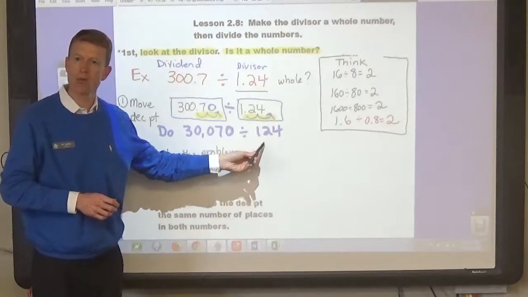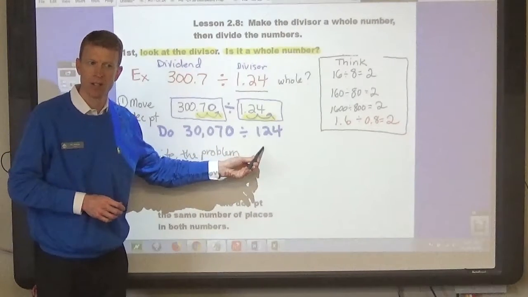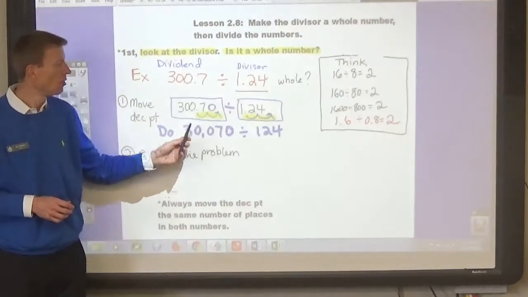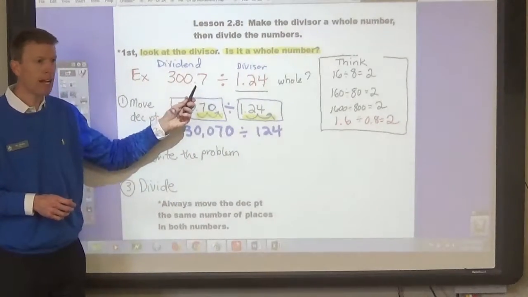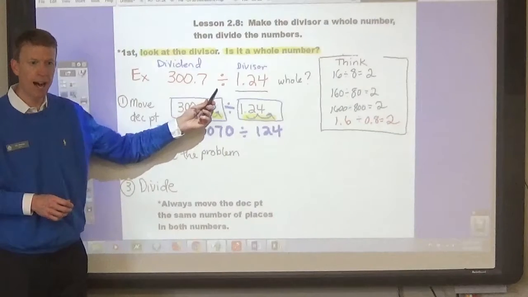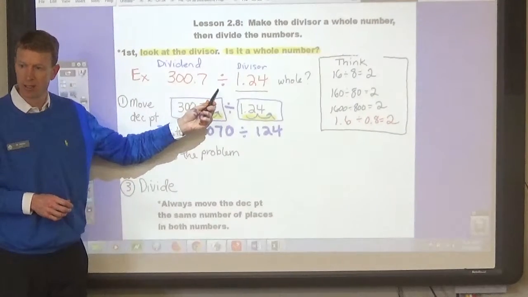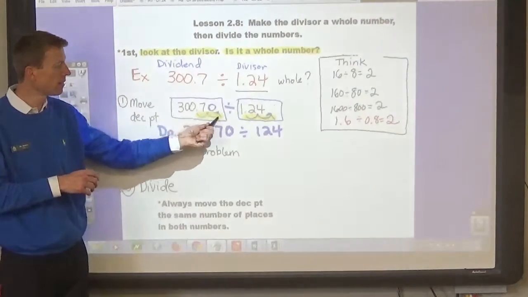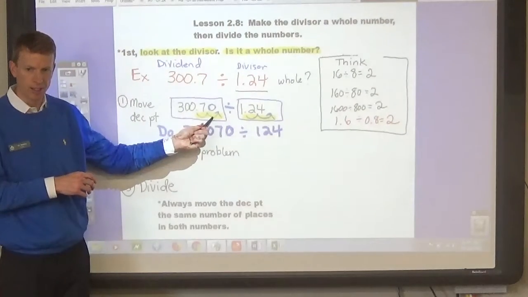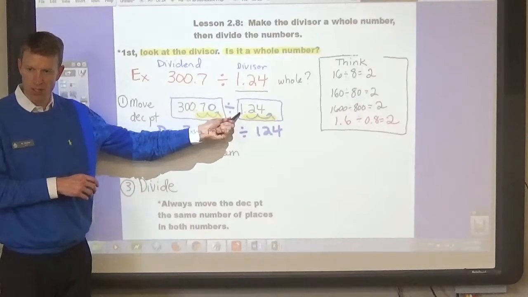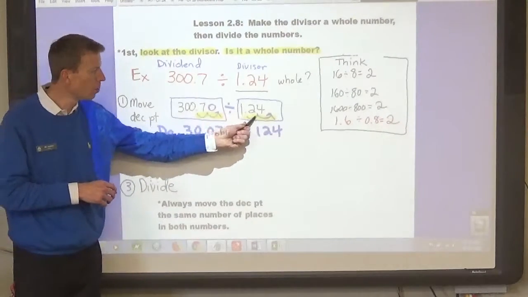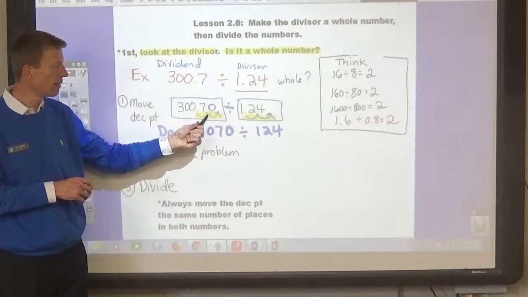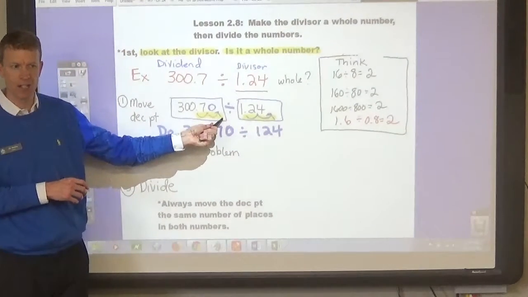But we can't just change one of the numbers. We have to change the other number to match. So 300.7, we have to move the decimal point out of that number. Or I'm sorry, not out of the number, but we have to move the decimal point the same number of places as the divisor. So when we move it 2 places out of the divisor, we have to move the decimal place how many places in the dividend?